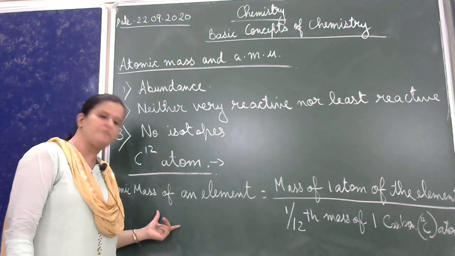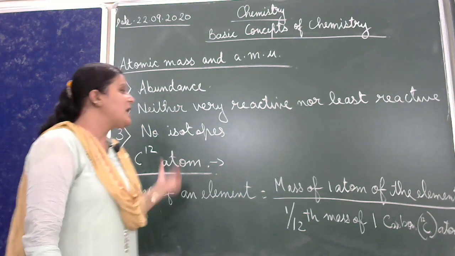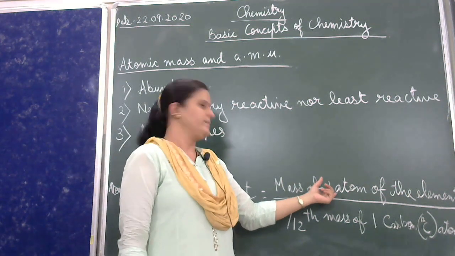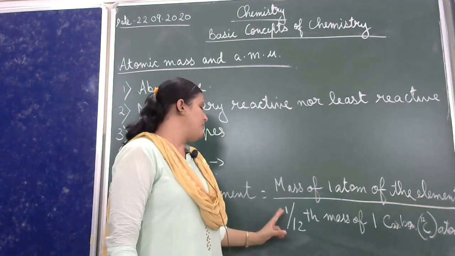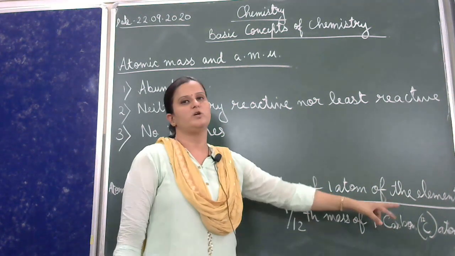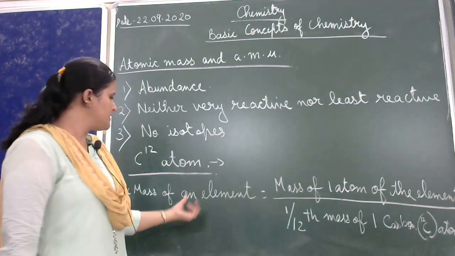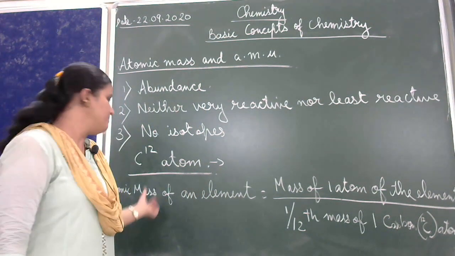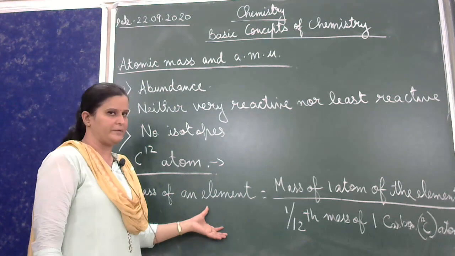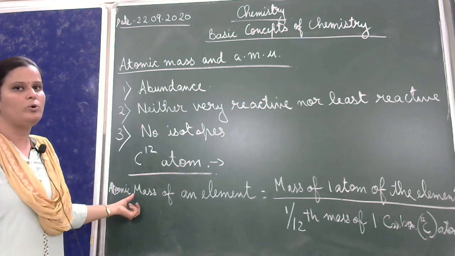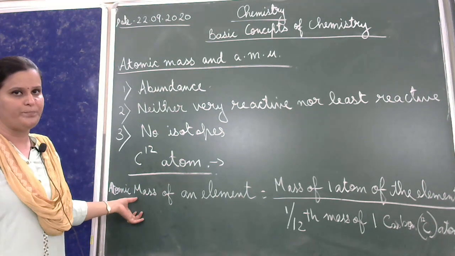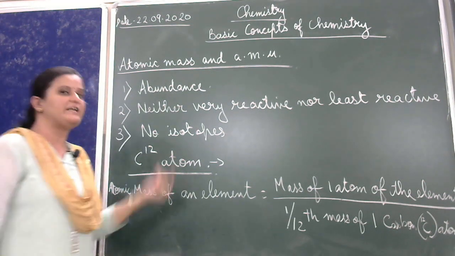It is a relative number and it denotes how many times the mass of one atom of an element is heavier than 1/12 the mass of one carbon atom. This is the definition of atomic mass of an element, and again, this value is not an absolute value. It is a relative number.